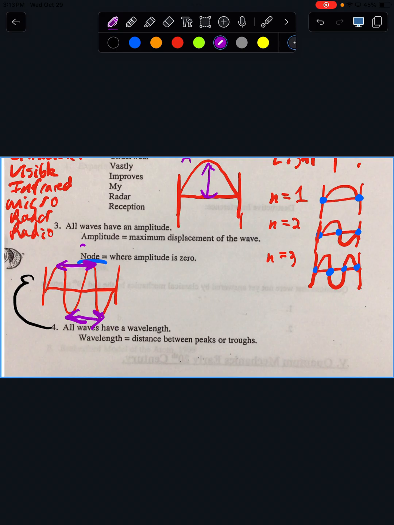And the symbol we're going to use is lambda. Lambda is the wavelength, and it must always be in meters.